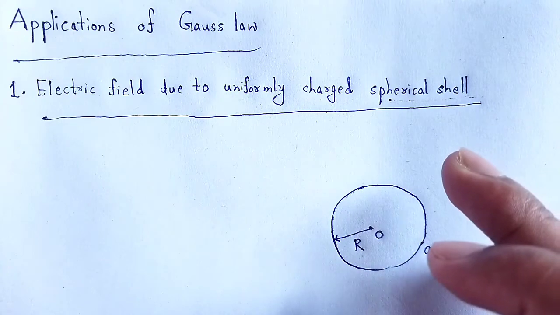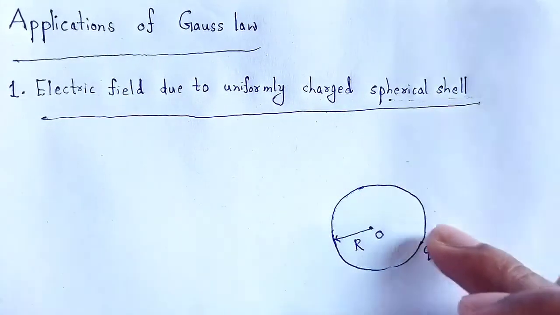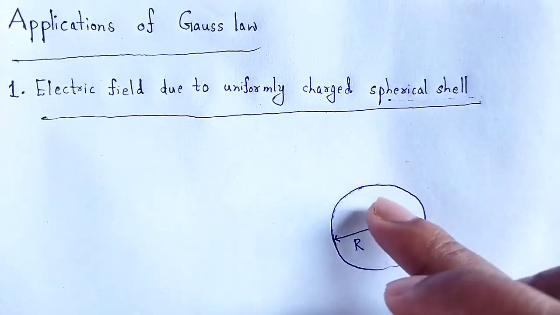The electric field due to the symmetrically charged spherical shell will be spherically symmetric and radially outward.